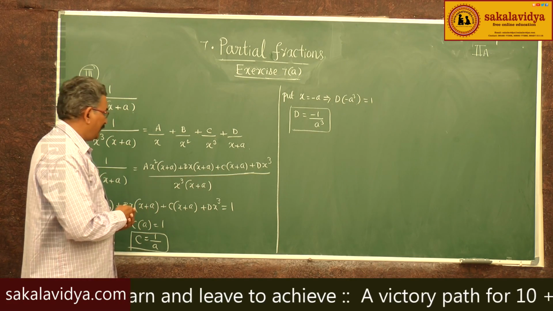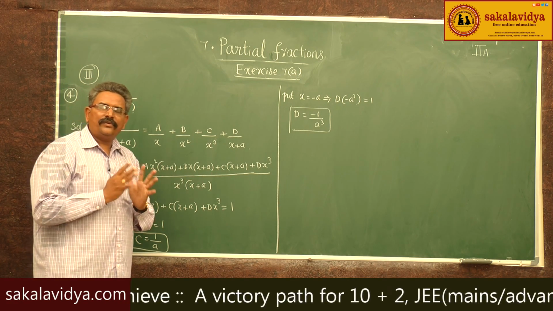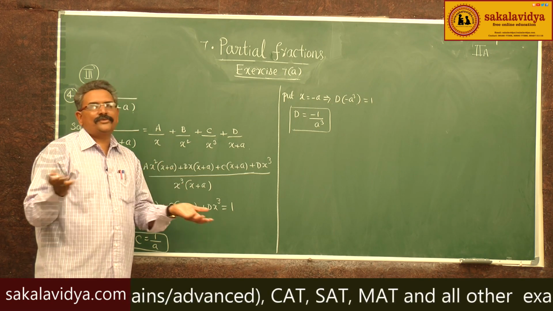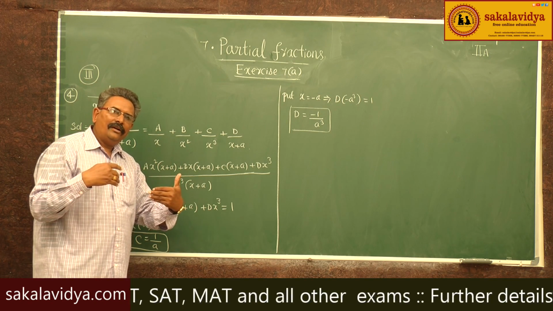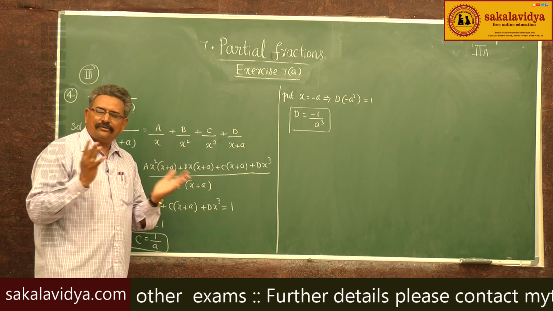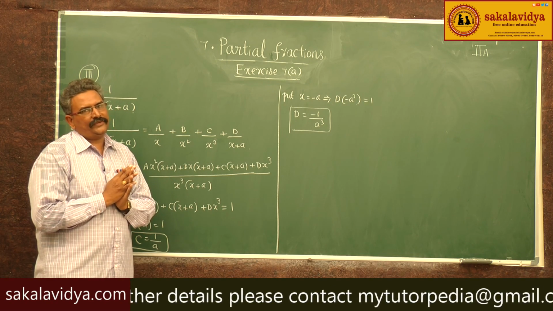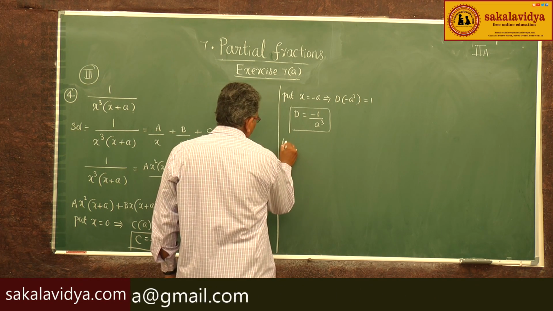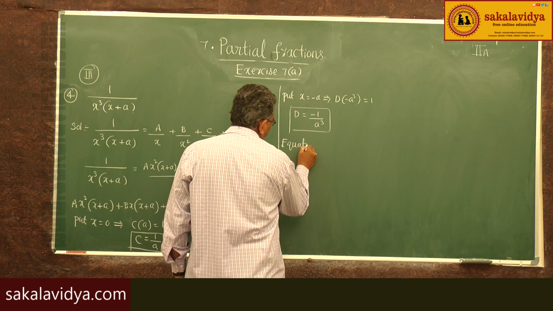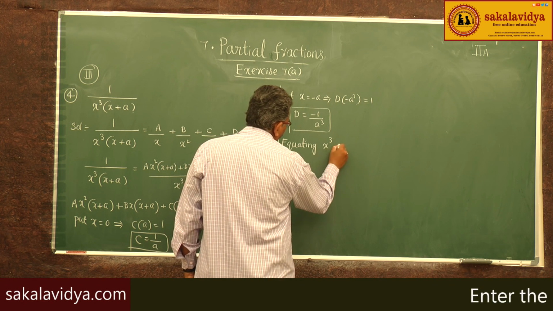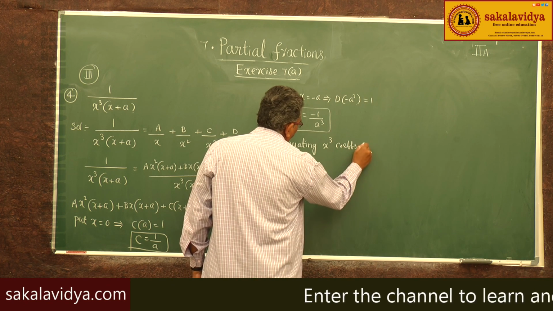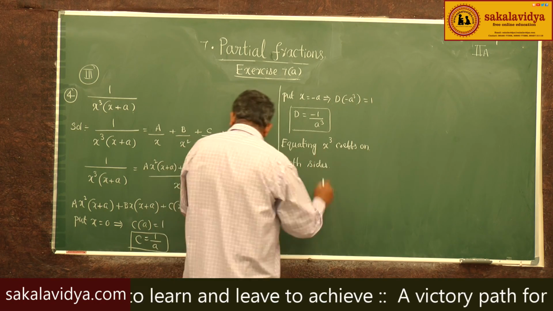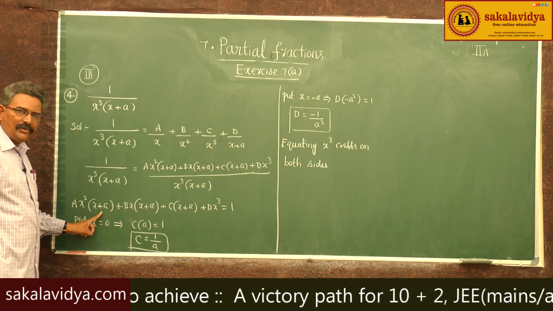Now, we have to find out the a and b values. In order to find out these values, we cannot find by means of substitution, but only the way we have already discussed, comparing the coefficients or equating the appropriate coefficients. So, now let us equate first x cube coefficients on both sides. On the left hand side you see x square into x is x cube.